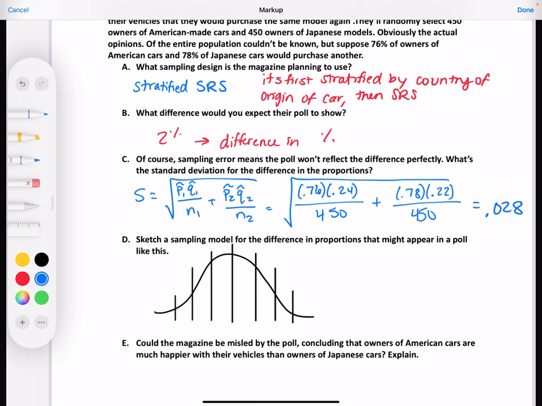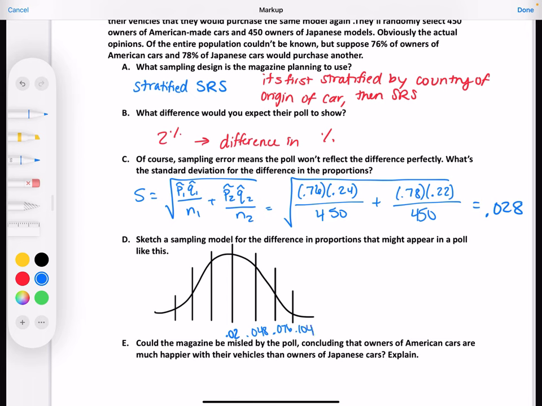We have the 2%, that was the difference originally, so 0.02, and then we just add the 0.028, so 0.048, 0.076, and 0.104.